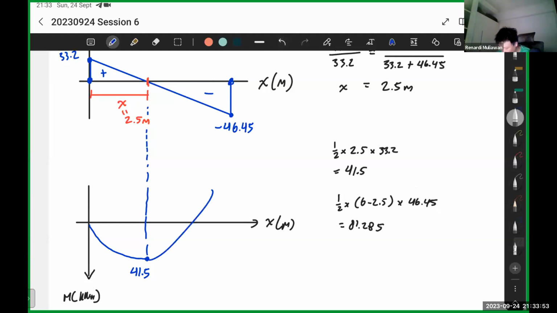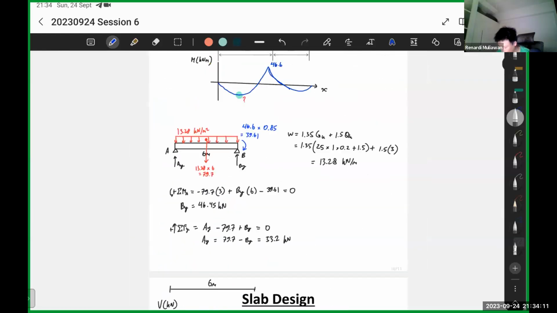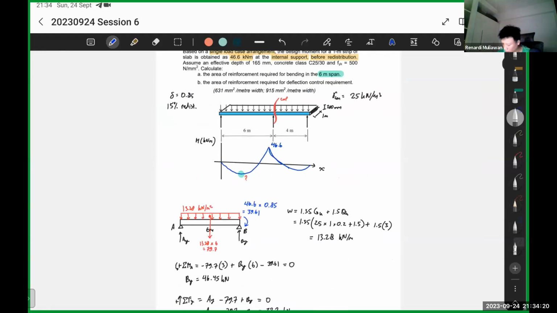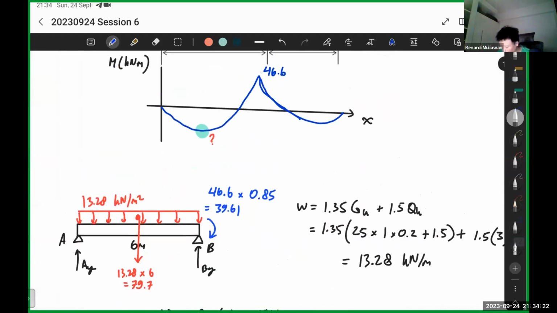It will decrease by 81.28, by this much. So 41.5 minus that, it becomes negative 39.7, or 39.8. So this one minus this. Okay, so it will become like this, which is expected, because it's just a rounding error. Okay, so it's correct.